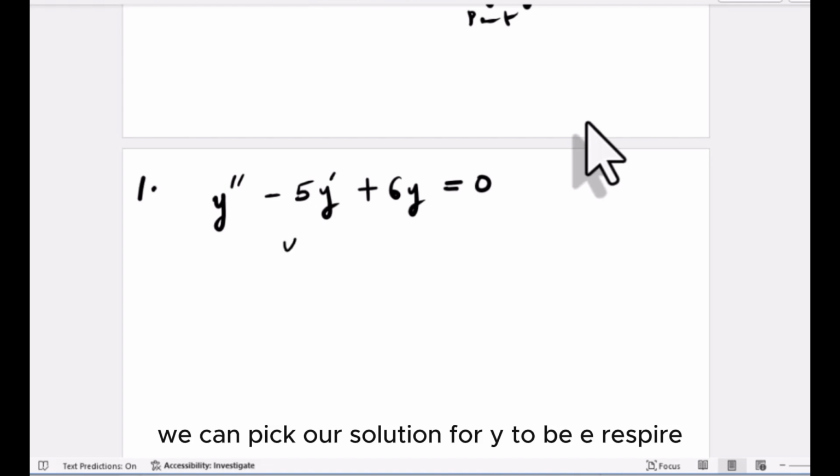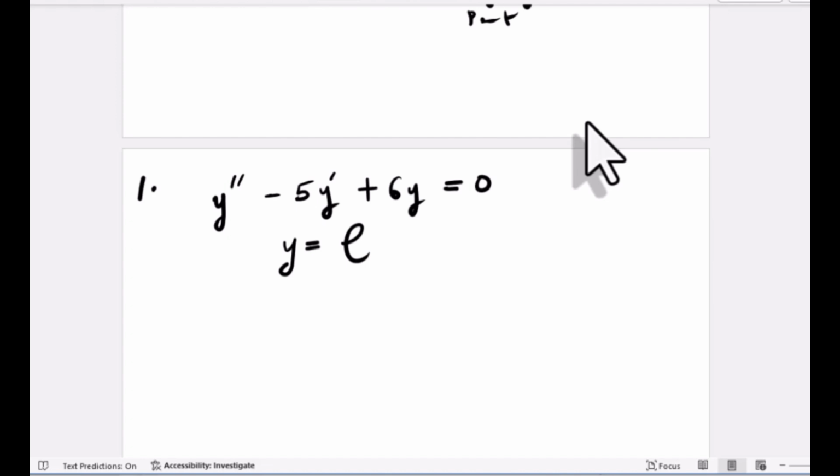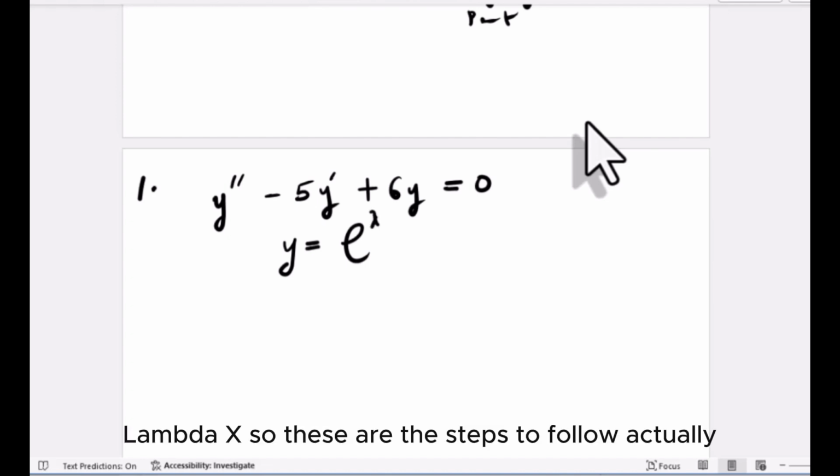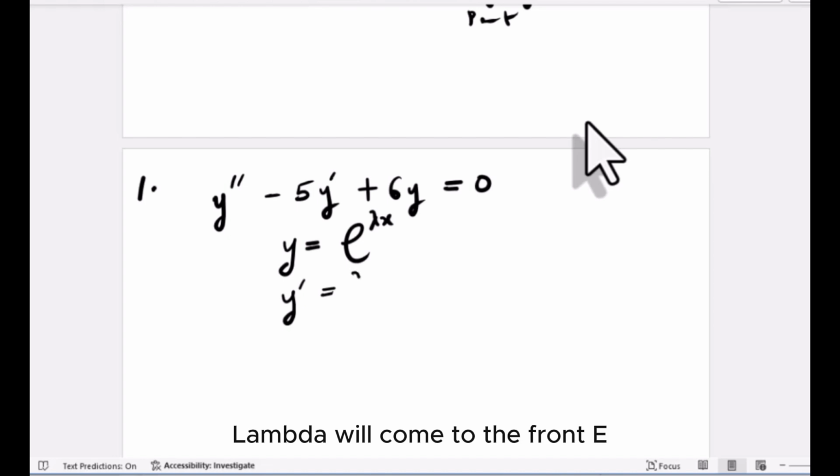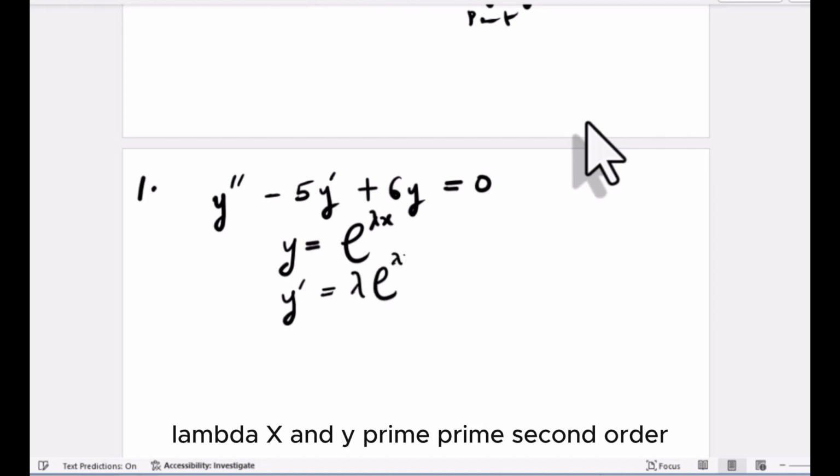We can pick our solution for y to be e raised to the power lambda x. These are the steps to follow. Then y prime, you differentiate this, and lambda comes to the front: lambda e to the lambda x.